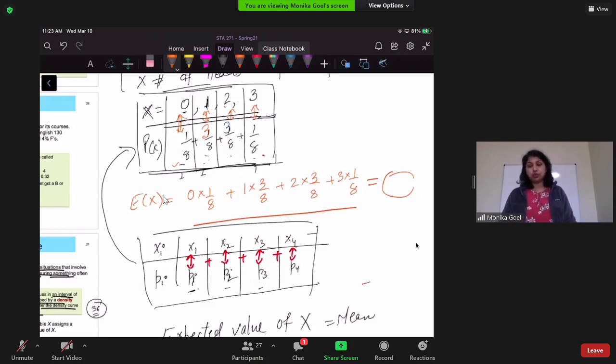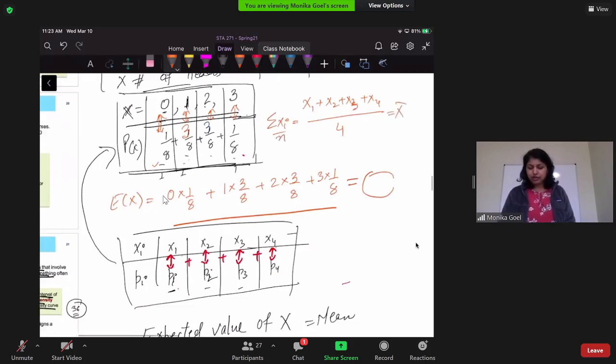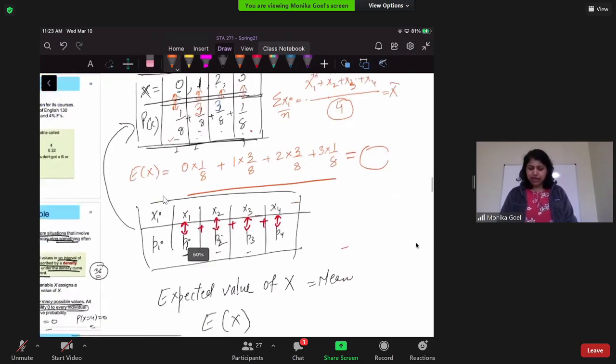So there is not much work when you calculate the mean, but this mean is a little different, or you can say the formula for calculating the mean is different, because earlier we talked about the sample mean. You add everything and divide by the total, and that gives you the sample mean, x bar. Here you are not dividing, because we know their corresponding probabilities. So you are multiplying by their corresponding probabilities and adding. So x1 times its probability, x2 times its probability, 3 and 4, and that will give you the expected value or the mean.